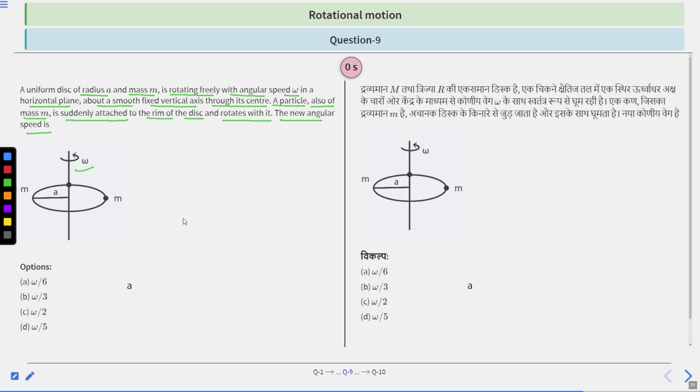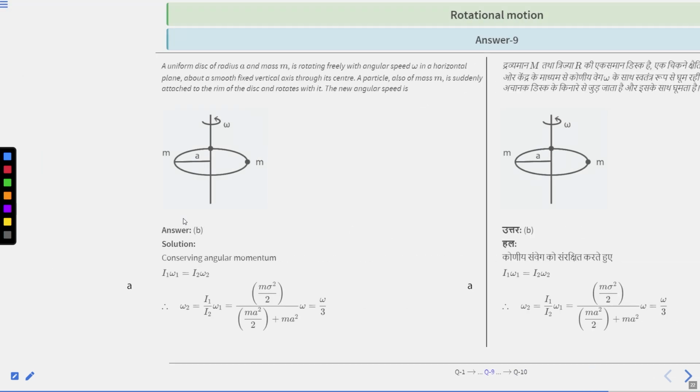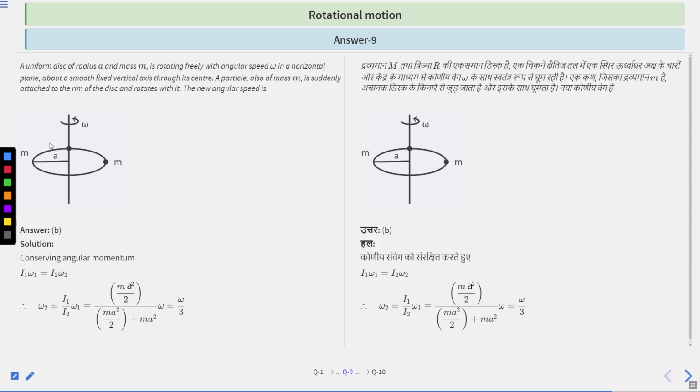Let's find a solution. According to the question, this is a disk of mass m rotating with angular velocity omega. Using the concept of conservation of angular momentum, I1 omega 1 is equal to I2 omega 2.